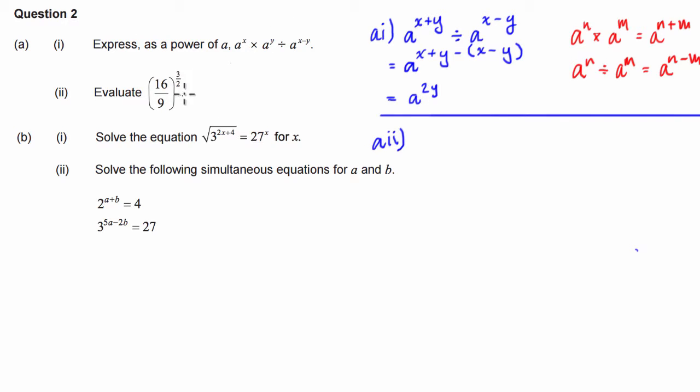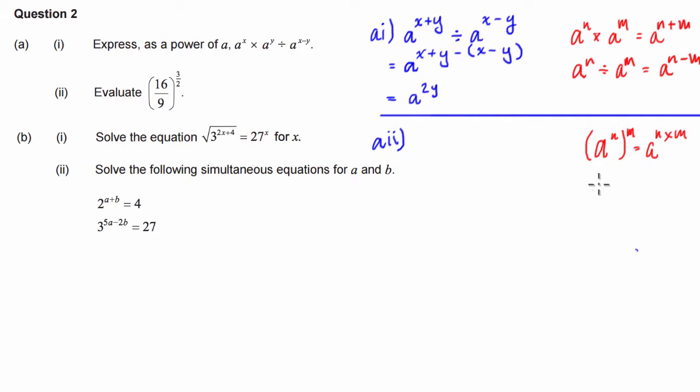Now, what you can hopefully see is that 16 and 9 are both square numbers. So we're also going to use the distributive index law. We've got a to the power of n, all to the power of m, is a to the n times m.